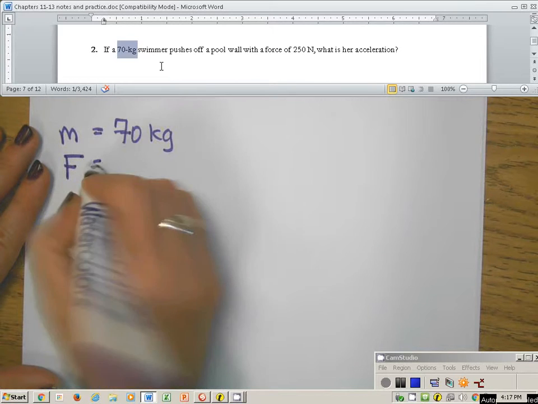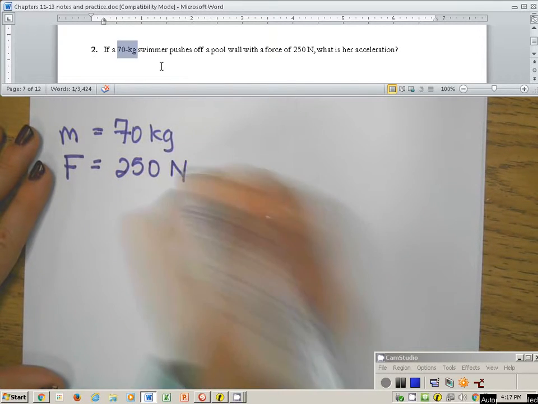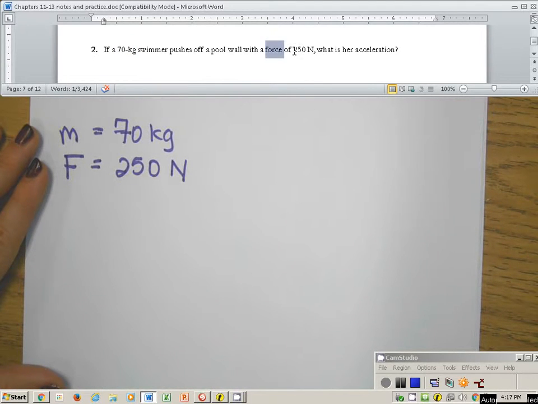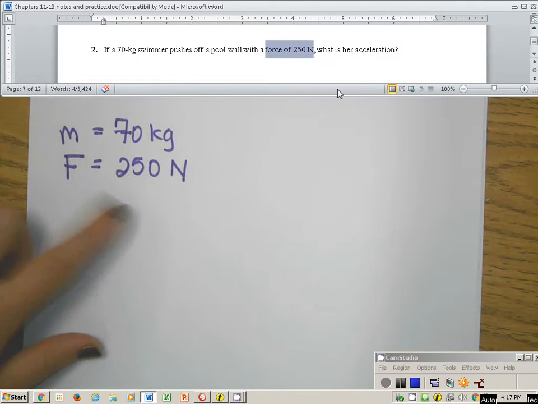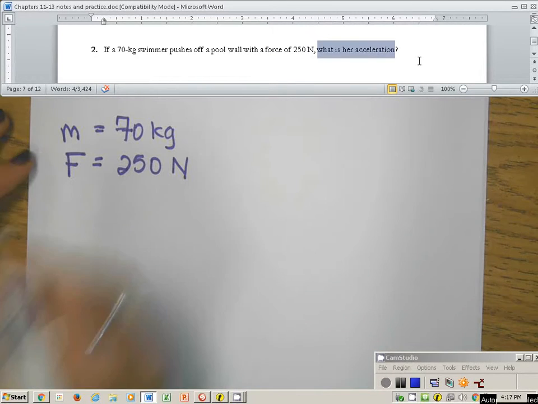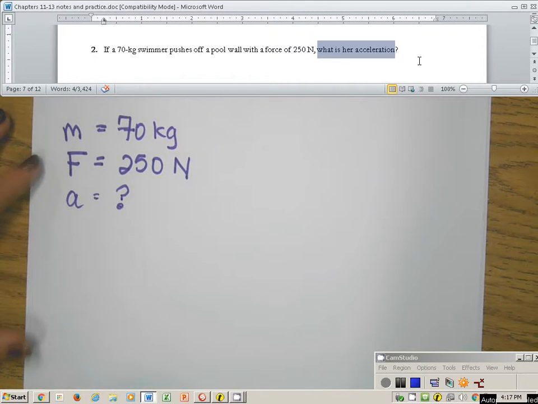It tells me the word force, and it says a force of 250 newtons. So I know it's a force because it says the word force right here, but it also uses the unit of Newton. So for two reasons do I know that that is an F. So I've listed that. The question is, what is her acceleration? So in my paper, I put A equals a question mark, because that's what it's wanting me to find.